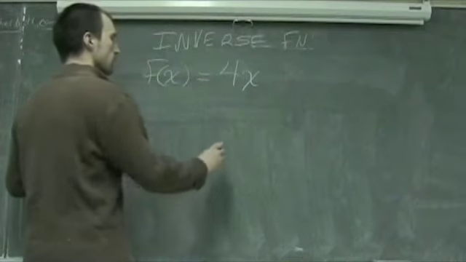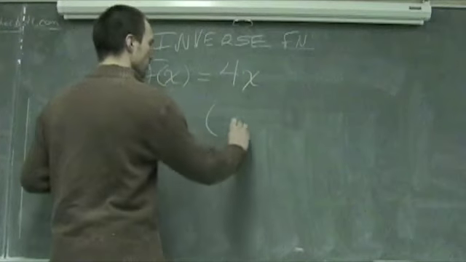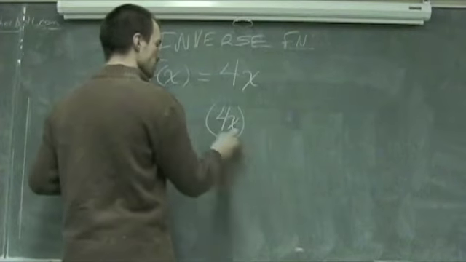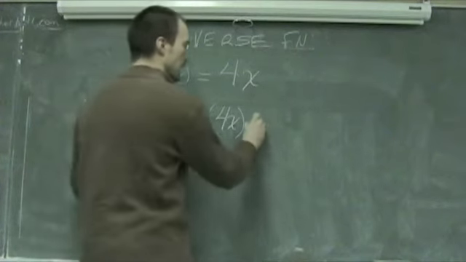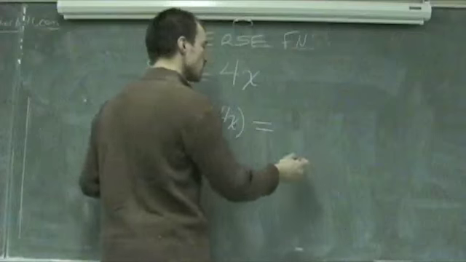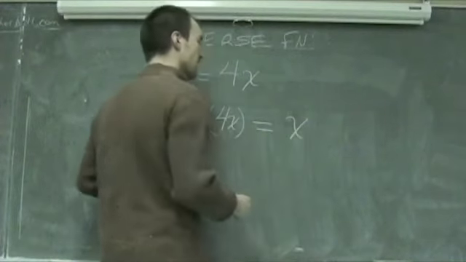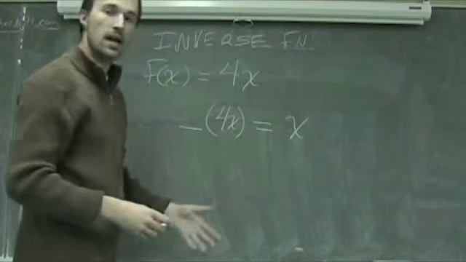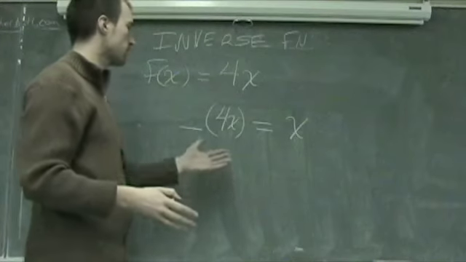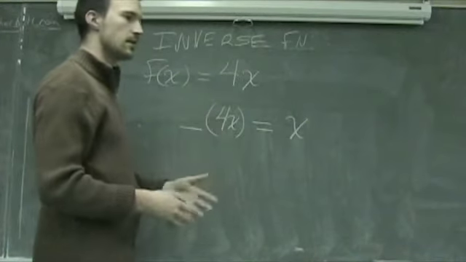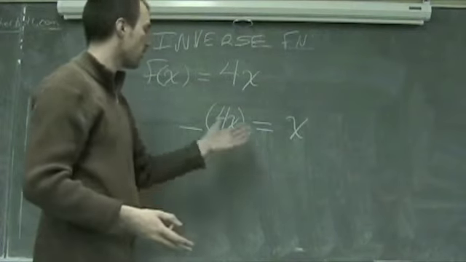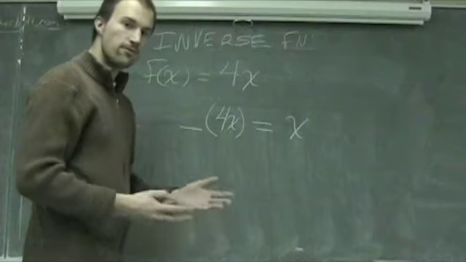Now, if I had to do something to 4 times x, the result is going to be x. Right now I'm multiplying by 4x, so what can I do to get back to just x by itself? How can I get rid of that 4?